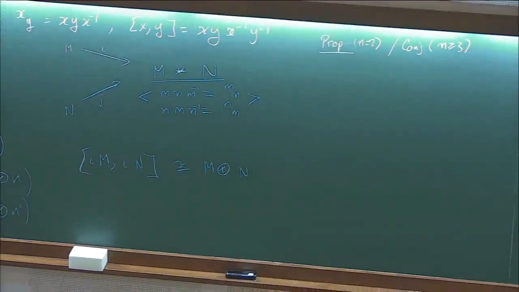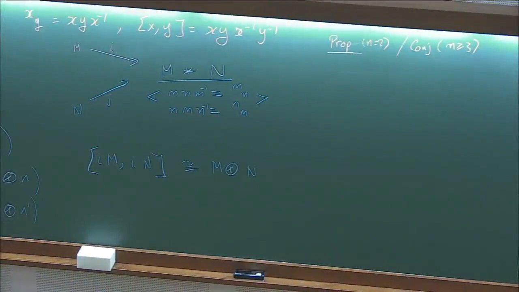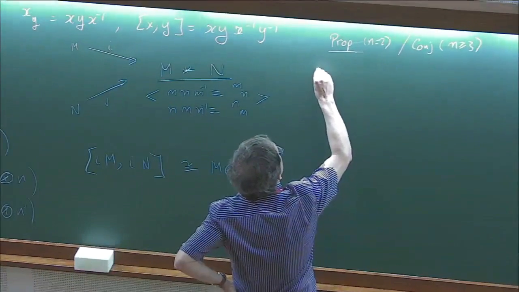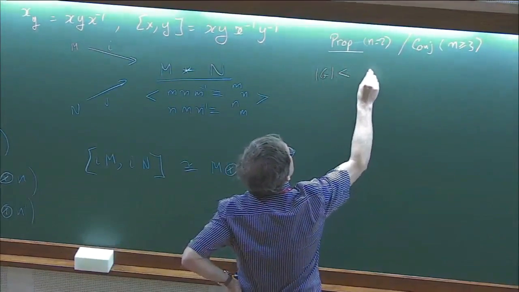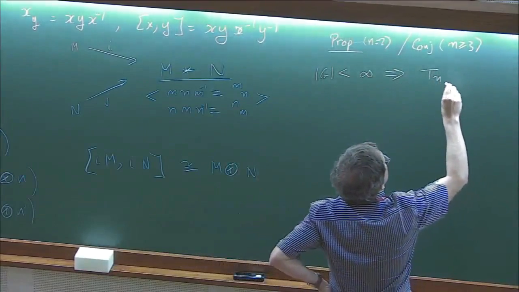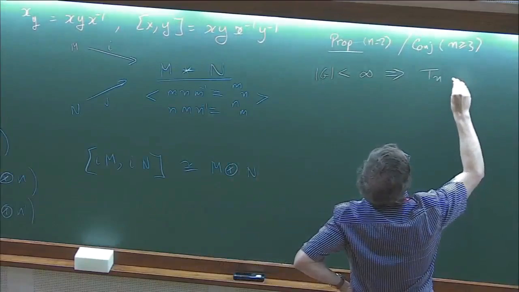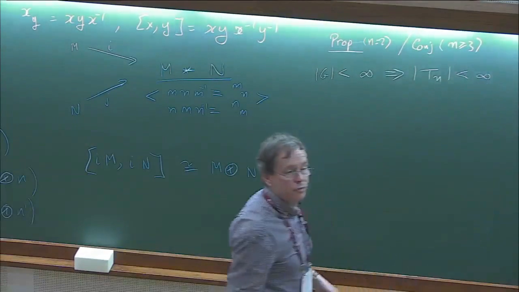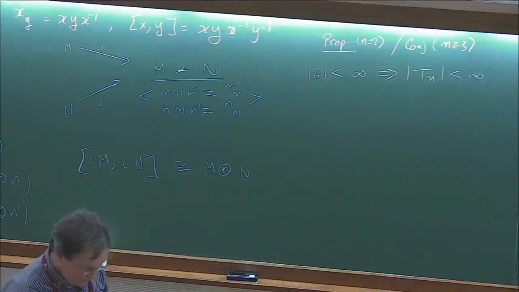So some things that are not too difficult to establish are that if G is finite, then the tensor product for T2 is finite. And I imagine one should be able to prove it for n greater than or equal to 3.